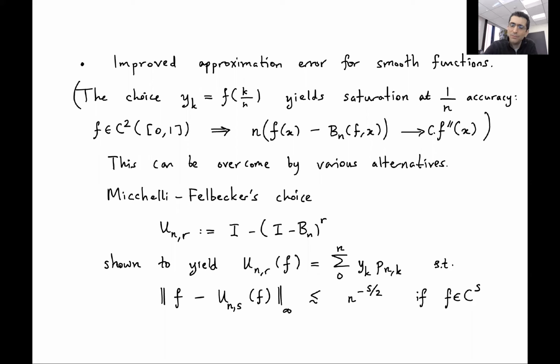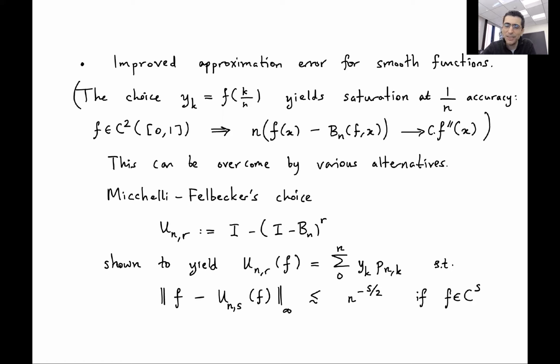Without going too much into that theory, one should know that the fact that all of these Bernstein polynomials are non-negative is crucially important in not being able to achieve higher order accuracy.